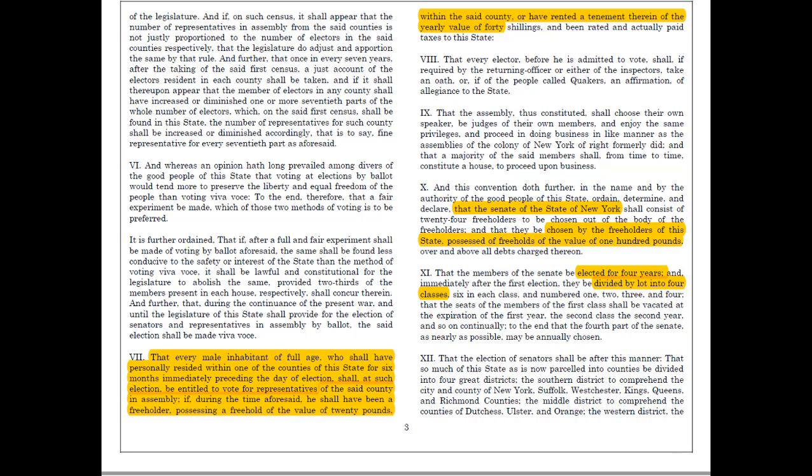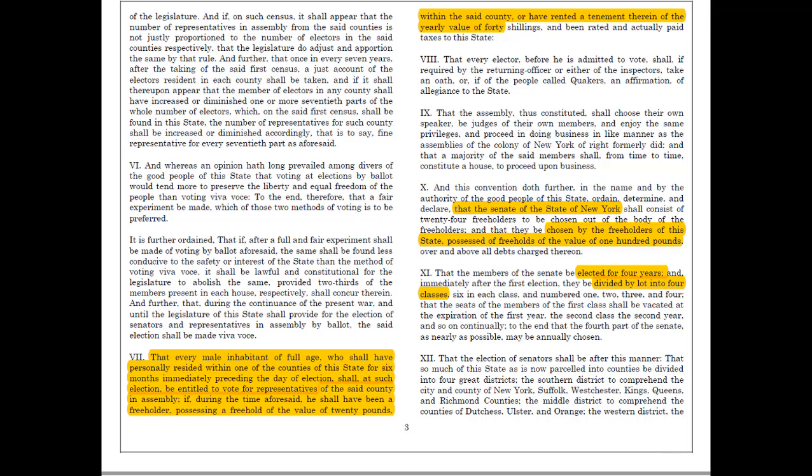If we jump down in the right-hand column of page 3 to Article 10, we see the description of the Senate. And this convention doth further, in the name and by the authority of the good people of this state, ordain, determine, and declare that the Senate of the state of New York shall consist of 24 freeholders to be chosen out of the body of freeholders, and that they be chosen by the freeholders of this state possessed of freeholds of the value of 100 pounds over and above all debts charged thereon.